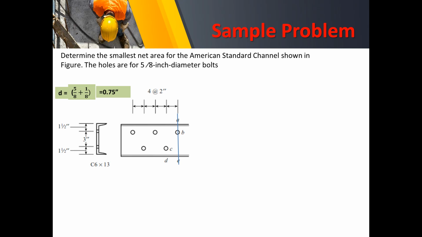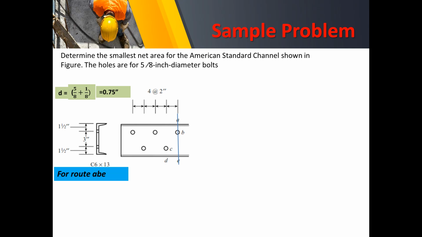So moving forward to the problem, we have now computed the nominal bolt width of 0.75 inches. So we will consider the route ABE.